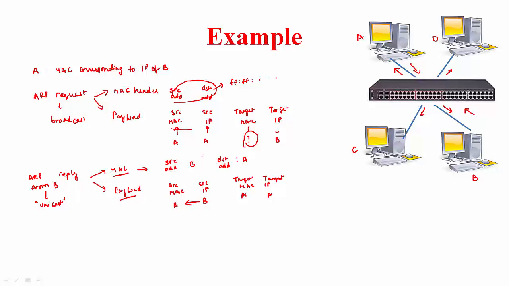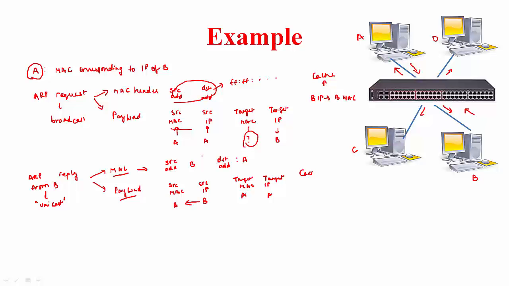In all this ARP operation, there is a cache that is maintained at each of the hosts. So when an ARP request is generated and a reply comes back, this cache at the originator A will now have an entry that says B's IP address corresponds to B's MAC address.